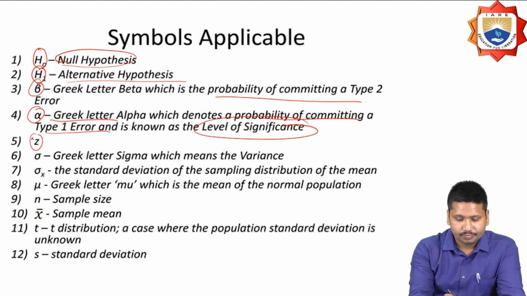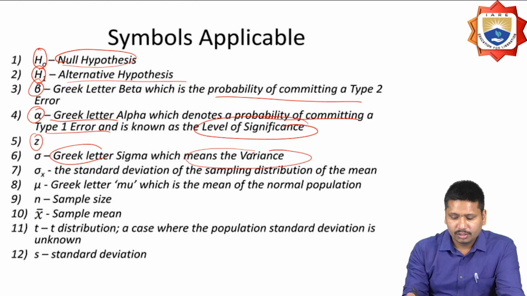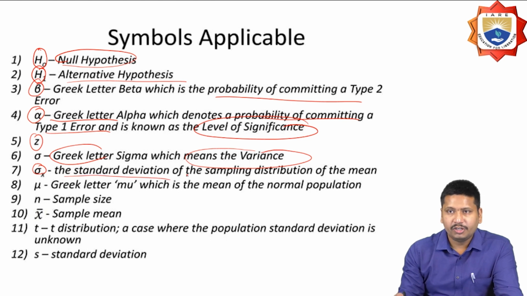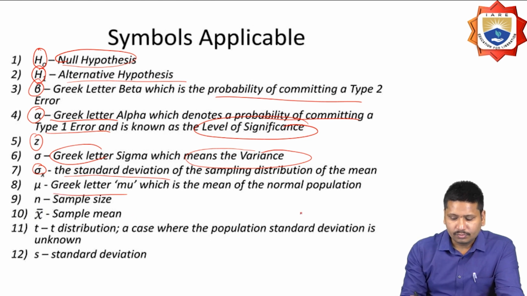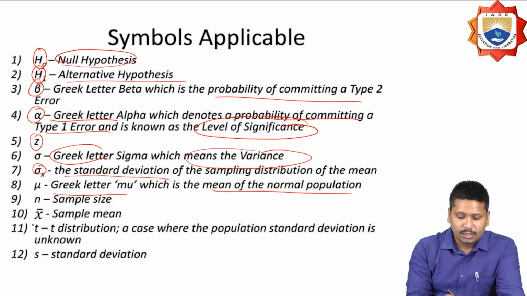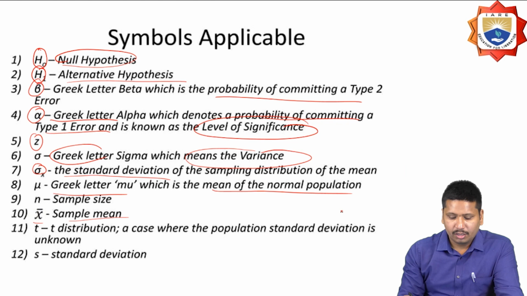And Z and sigma, a Greek letter, which means the variance, and sigma x is treated as the standard deviation of the sampling distribution of the mean. Mu is the Greek letter for the mean of a normal population, n is the sample size, and x bar is the sample mean.